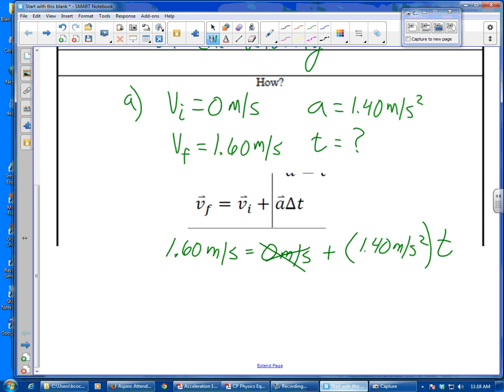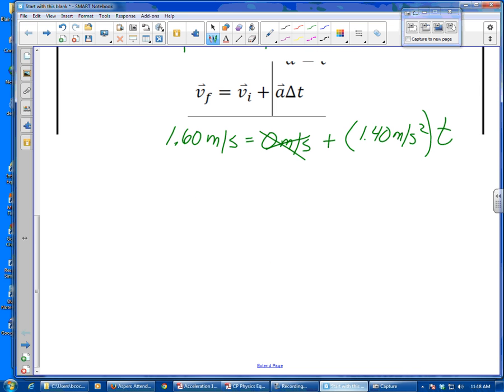That just disappears. I bring the 1.4 meters per second squared over the other side. I'm not sure how good your algebra skills are, so I'll write it out. Over 1.40 meters per second, and I'm going to write that as meters per second per second. That equals t.